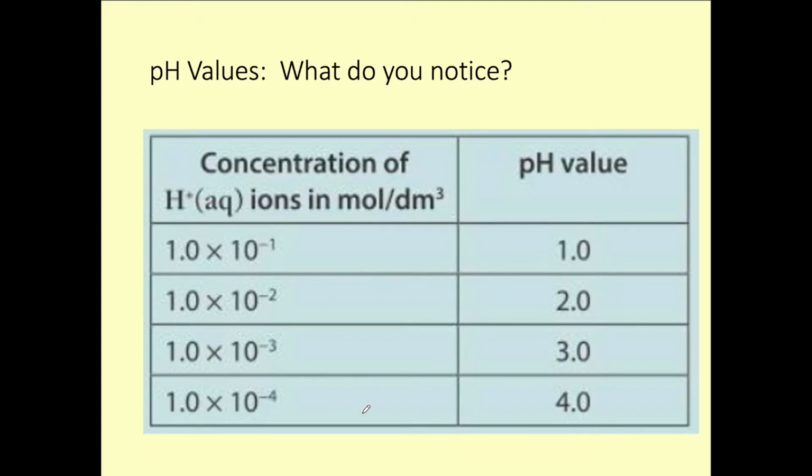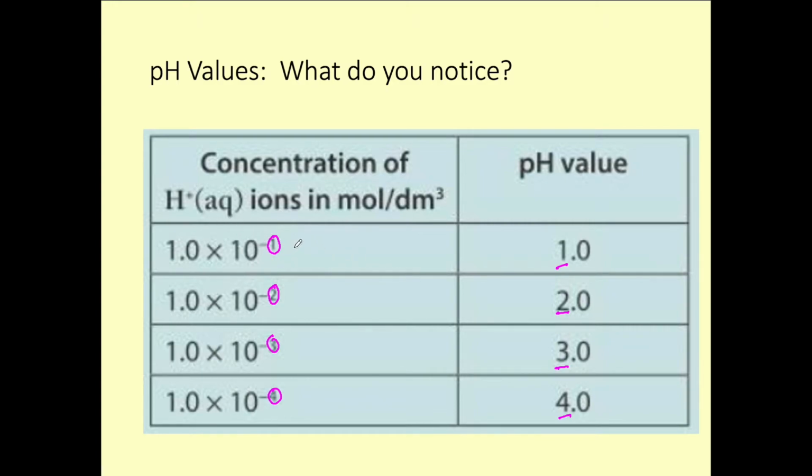Okay, so with our pH values, we have a table here looking at our H+ ion concentration and the pH value corresponding to it. So I want you to pause the video and have a think about what you notice about the concentration and the pH value. What you should have seen is that whatever number the power of 10 is raised to, that is the number of our pH value that corresponds.